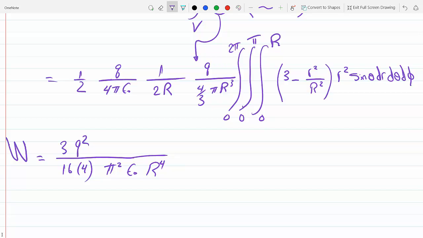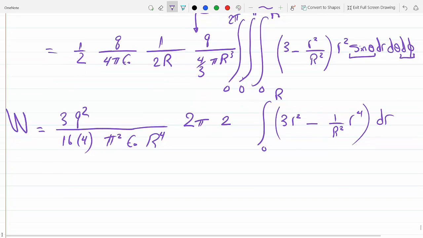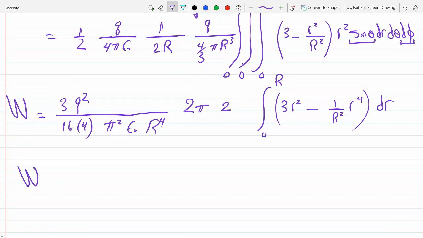The d phi term will get us a 2 pi, and the sine theta will get us a 2, so that's a 4 pi, and the rest is 0 to R, 3 r squared minus r to the 4 over R squared dr.